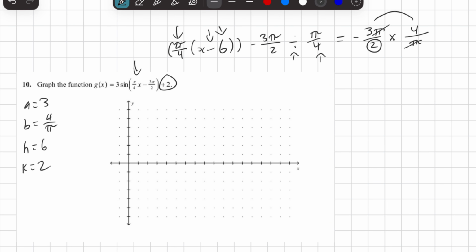So I'm just going to start by actually writing out my degrees. So we know that we have 0 here. And I'm going to go over by 2's, so this is where my 90 degrees is going to be. So 90 degrees is pi over 2. If we times pi over 2 by 4 over pi, then the pi's cancel out, and we get 4 over 2, which is 2.